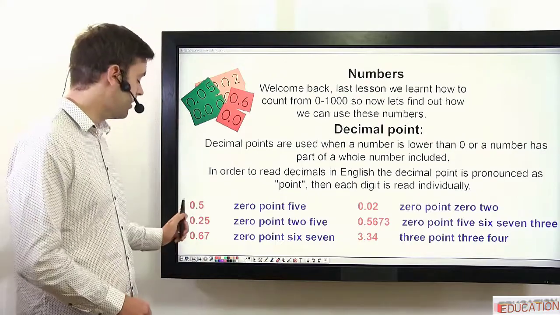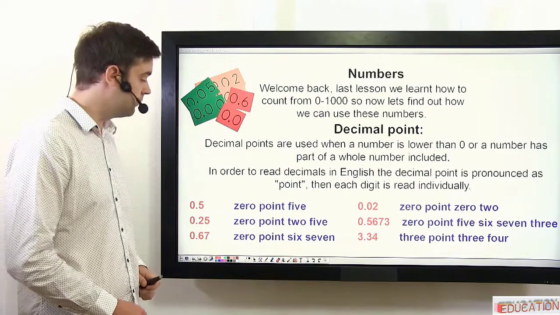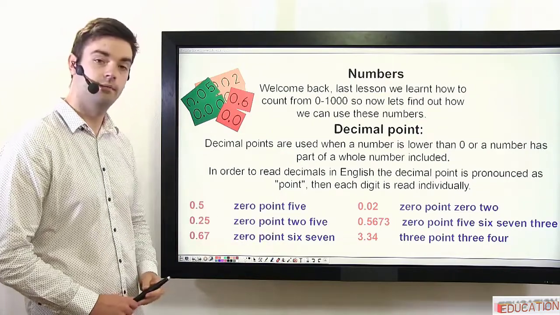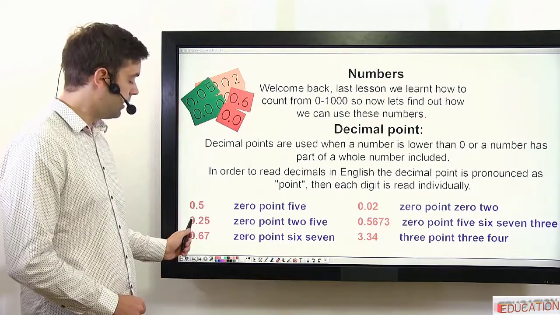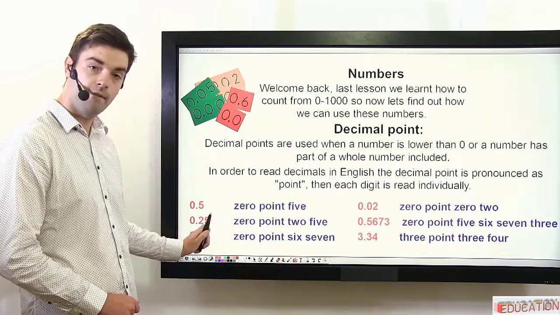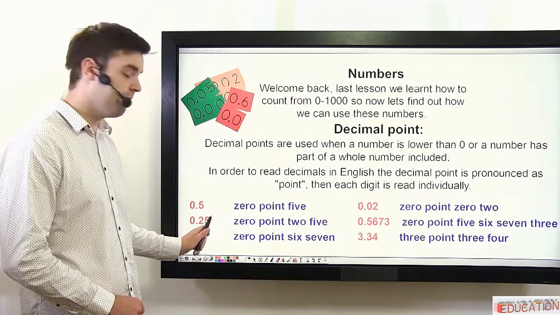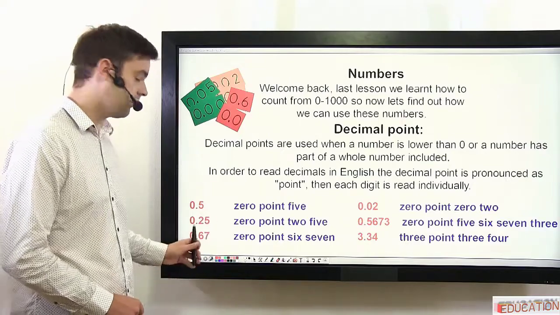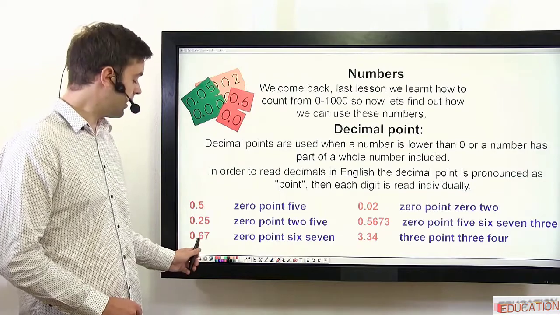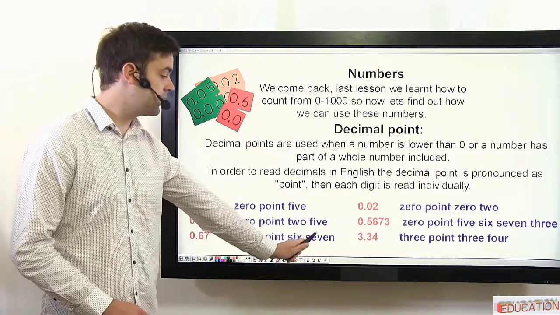Let's have a look. Here we have 0.5. Here we have 0.25. Here we have 0.67.